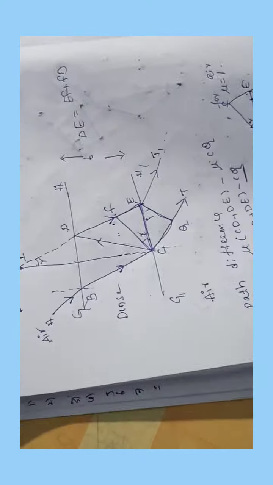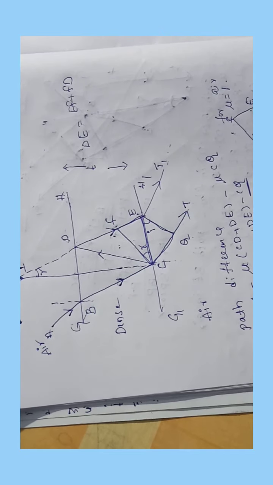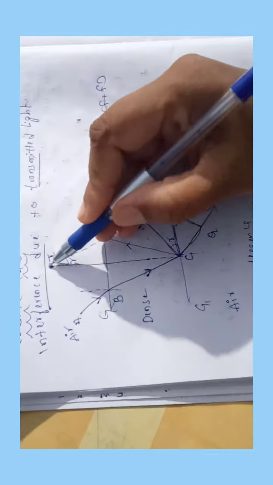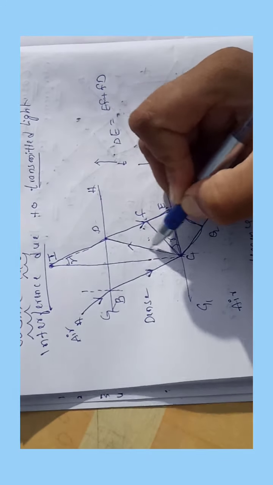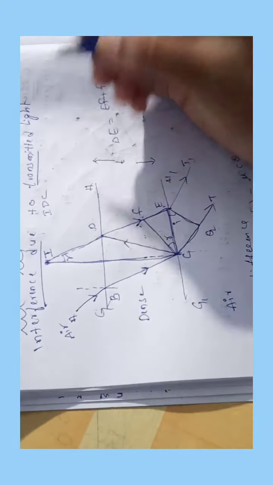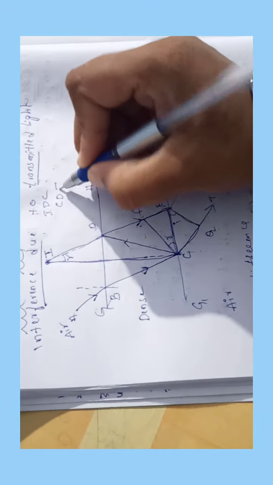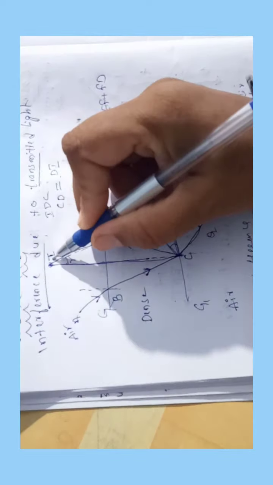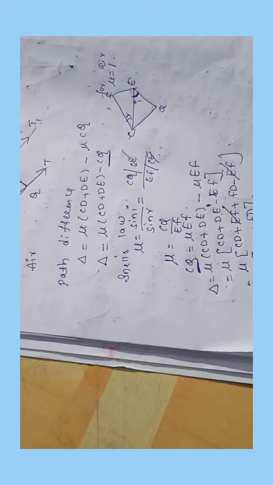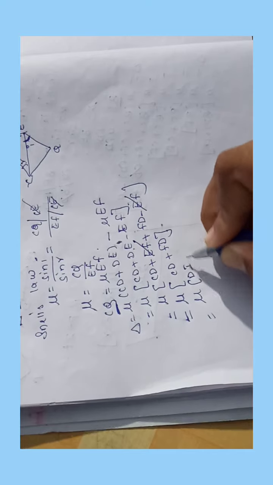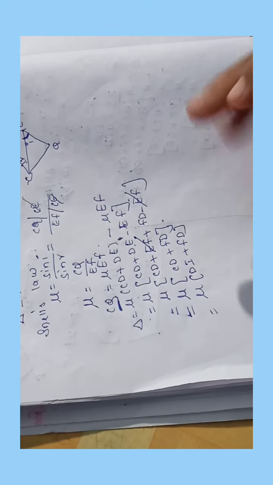Now next we want the value of CD. So let us consider this triangle IDC. I can write CD equal to DI. So in place of CD I am writing DI plus FD.